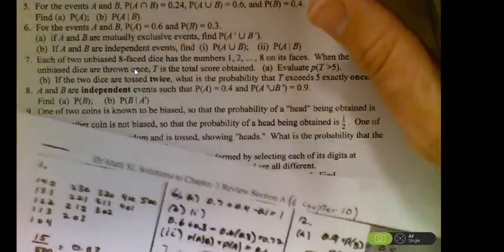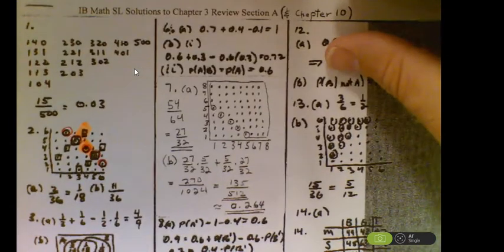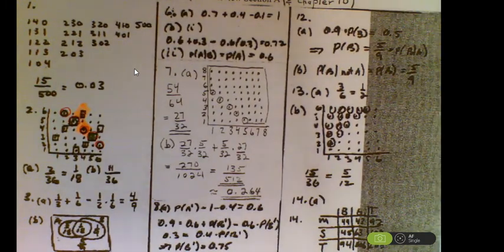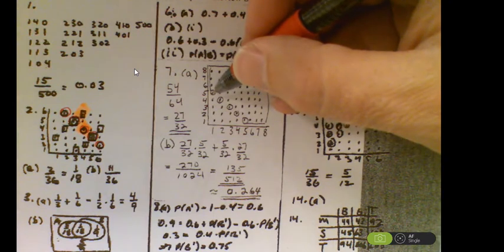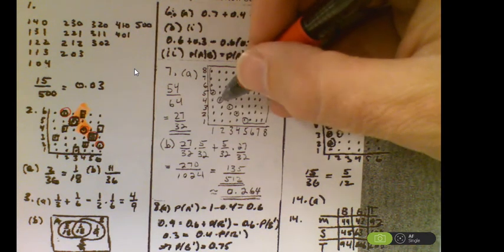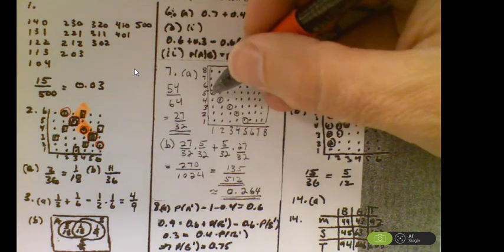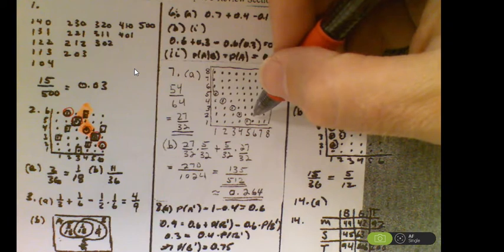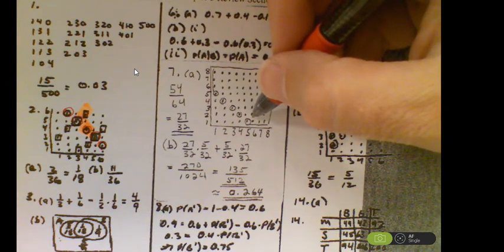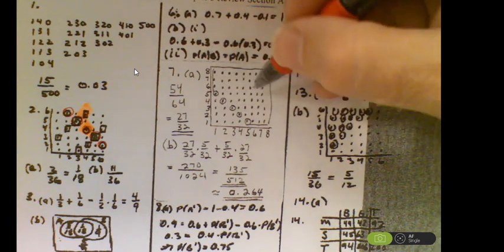For this question, we're looking for all the cases where the sum is greater than 5. If we just highlight all those cases where the sums are greater than 5, that's going to start you off with this row. So like 5, 1, 4, 2. Right here you got the sums that are 6, the sums that are 7, and those just keep going up if you highlight all this area right here.